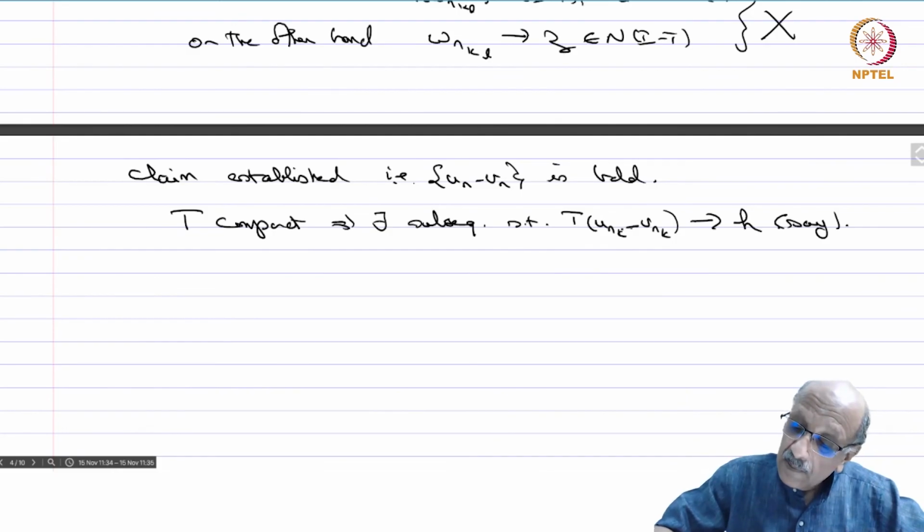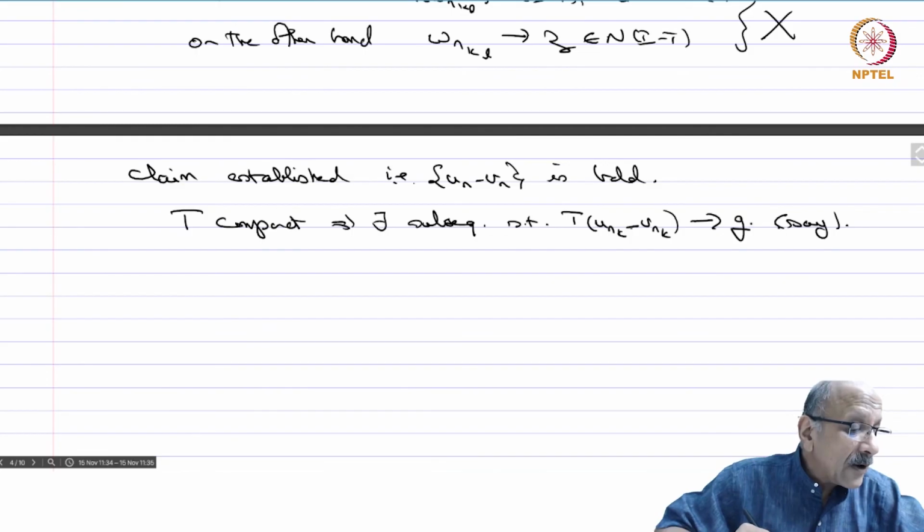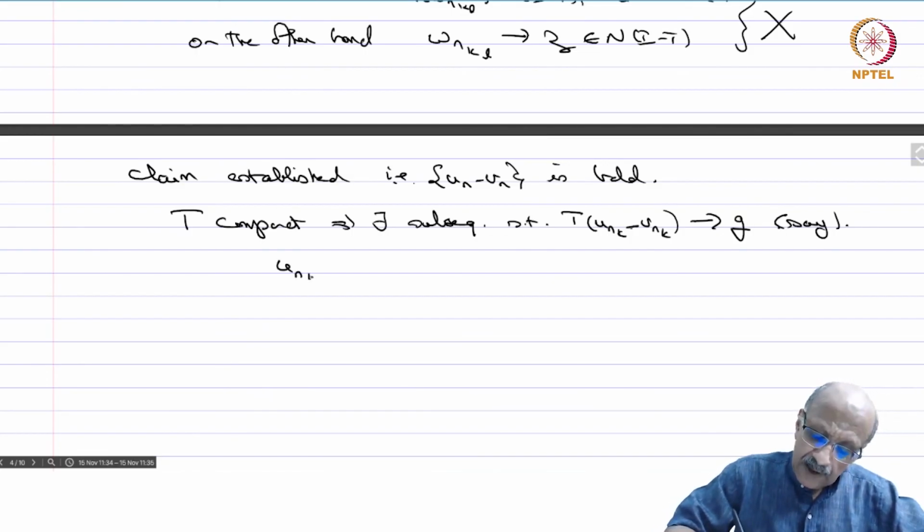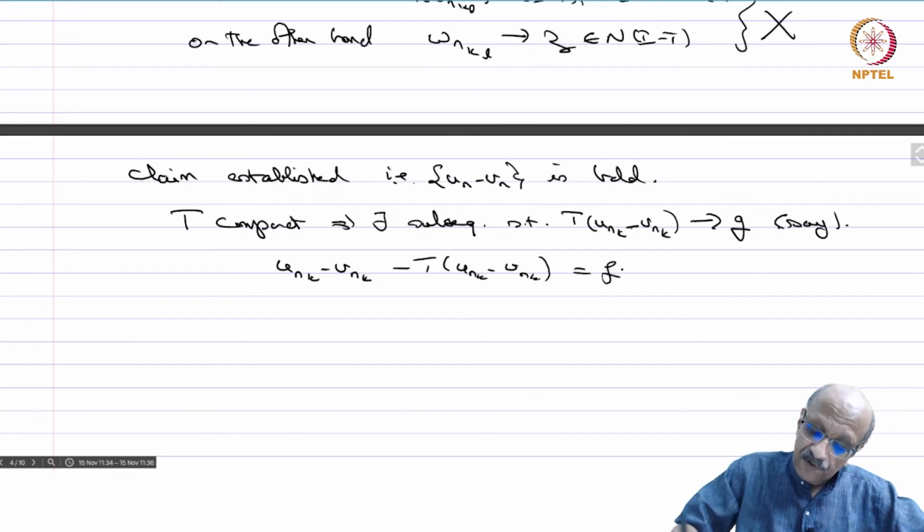So Unk minus Vnk minus T of Unk minus Vnk equals Fnk.